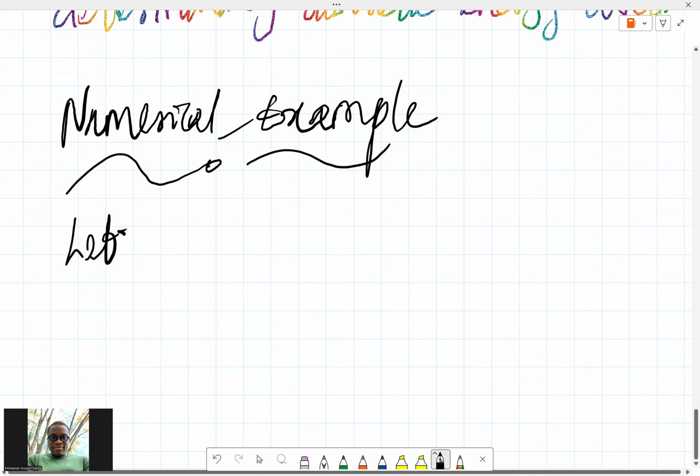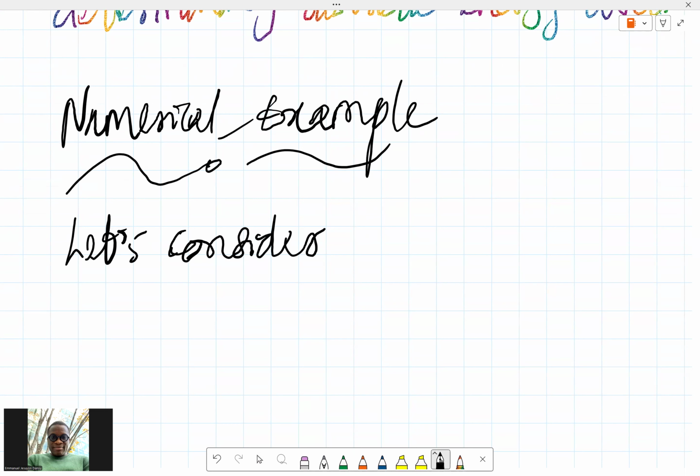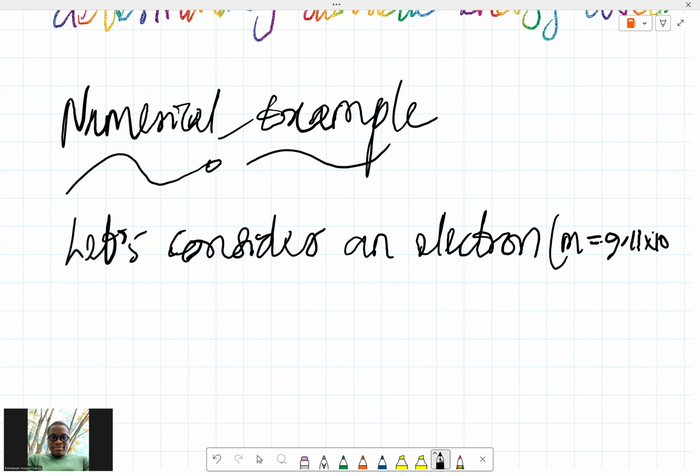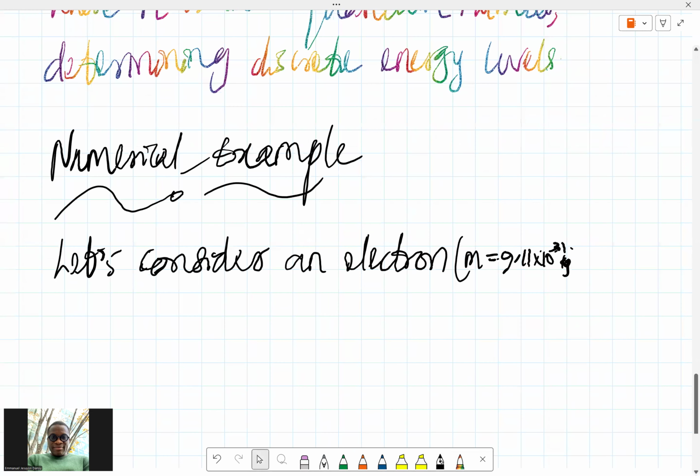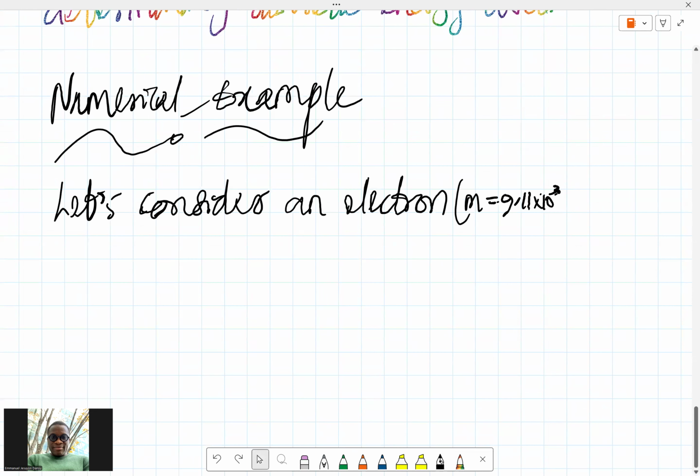Let's consider an electron whose mass m is equal to 9.11 times 10 raised to power minus 31 kg.